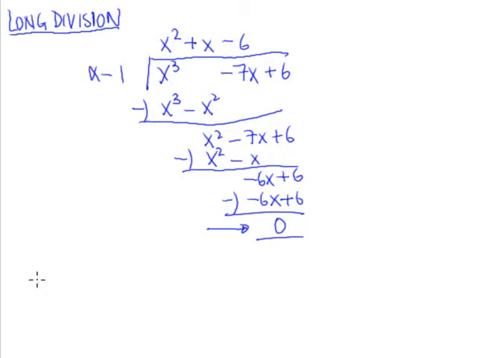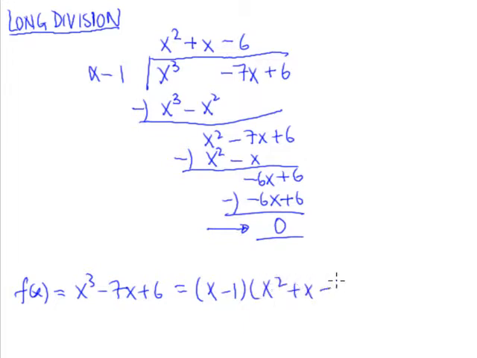Okay, so since we know that our function f(x) is equal to x cubed minus 7x plus 6, and now we know that this x cubed minus 7x plus 6 is the product of x minus 1 multiplied by x squared plus x minus 6.